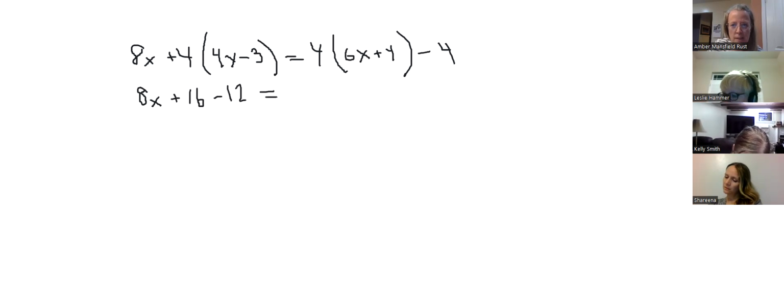Equals, and then we do the same, right? So 24x plus 16. Sorry, I'm adding. And then we bring our minus 4 back over. And then let's simplify on each side.